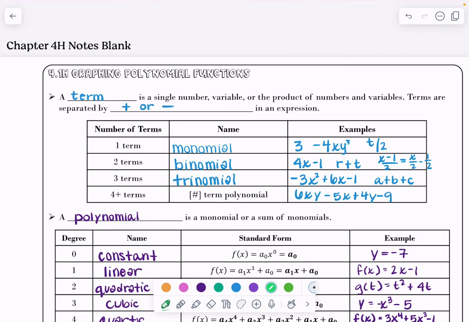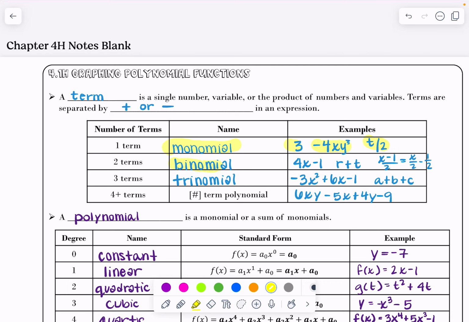It's called a monomial. I'm going to get a highlighter and highlight as I talk so you know what I'm talking about. So first term is monomial, and it's 3. If I had an example of negative 4xy cubed and then t over 2, it's a single term together. It can have variables on it. It can be negative, it can be positive, and it can also be a fraction.